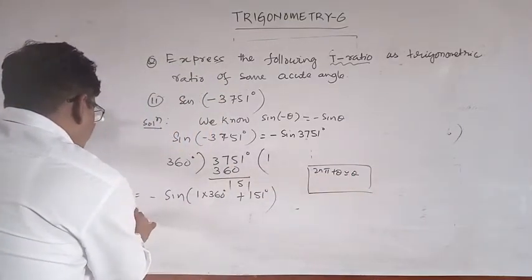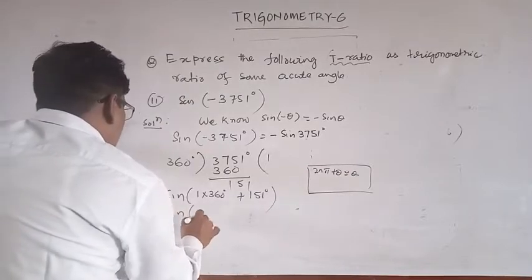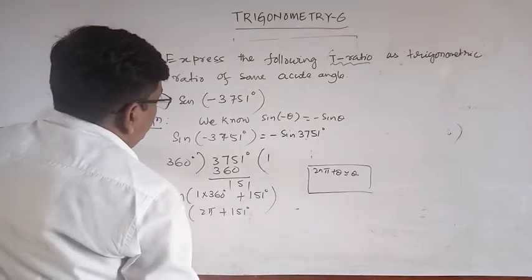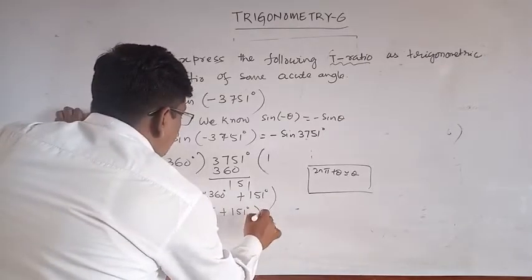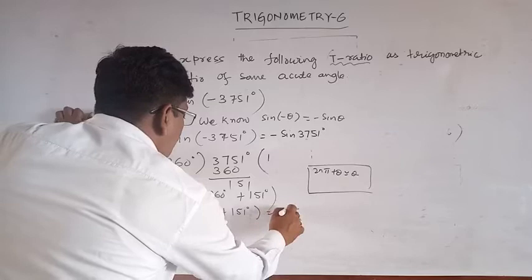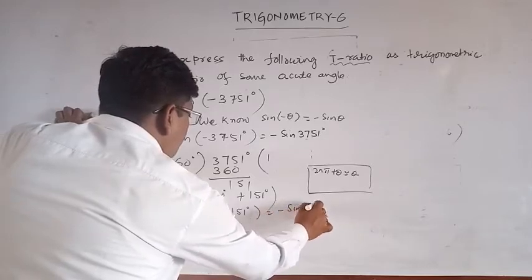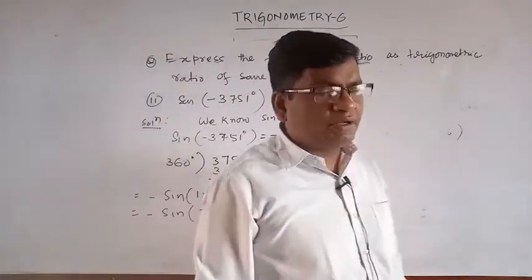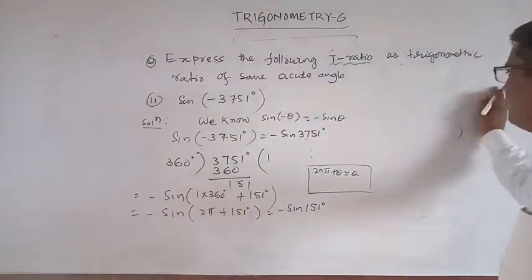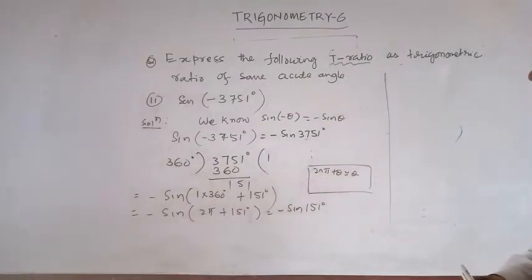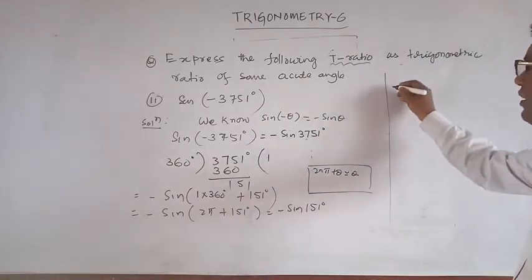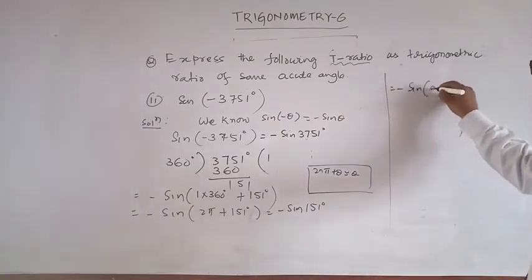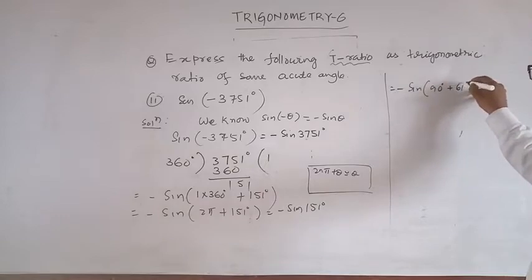So this is equal to minus of sine of 2 pi plus 151 degree. Okay. So this is equal to minus sine 151 degree. Now 151 is 90 plus how much? So this is equal to minus of sine of 90 degree plus 61 degree.